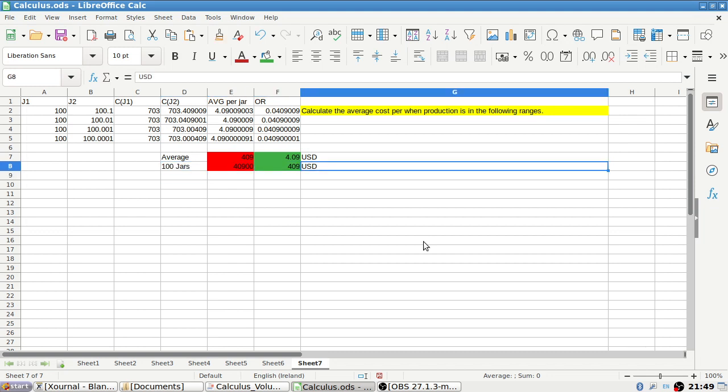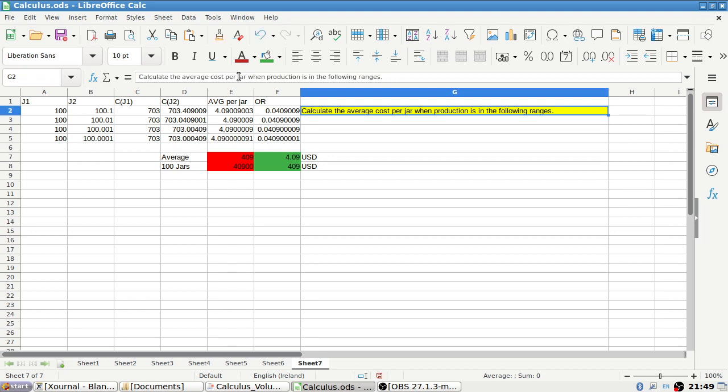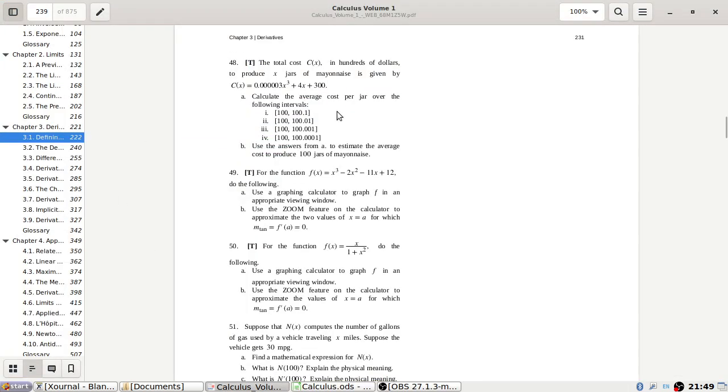Yeah. Okay. Calculate the average cost per jar when production is in the following ranges. Not marginal. Yeah. Okay. I'm happy now with that. Well, kind of happy.